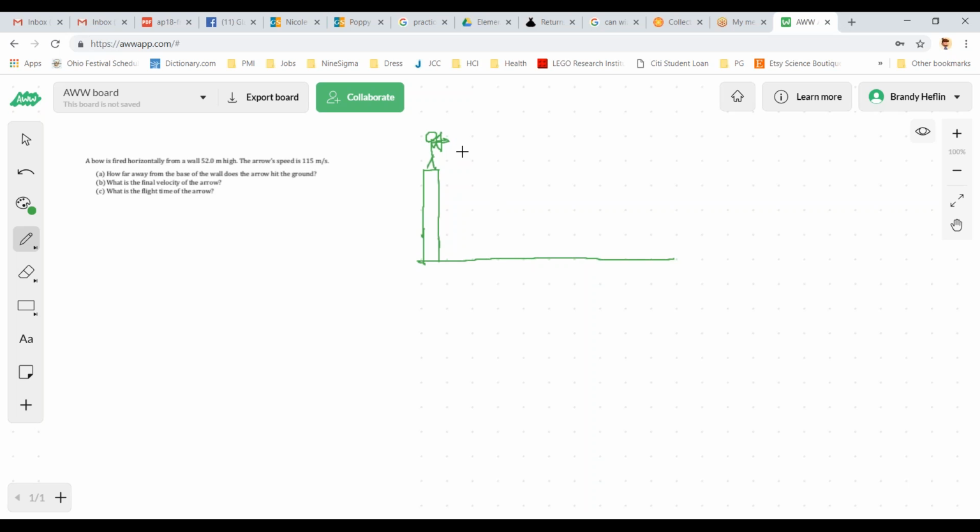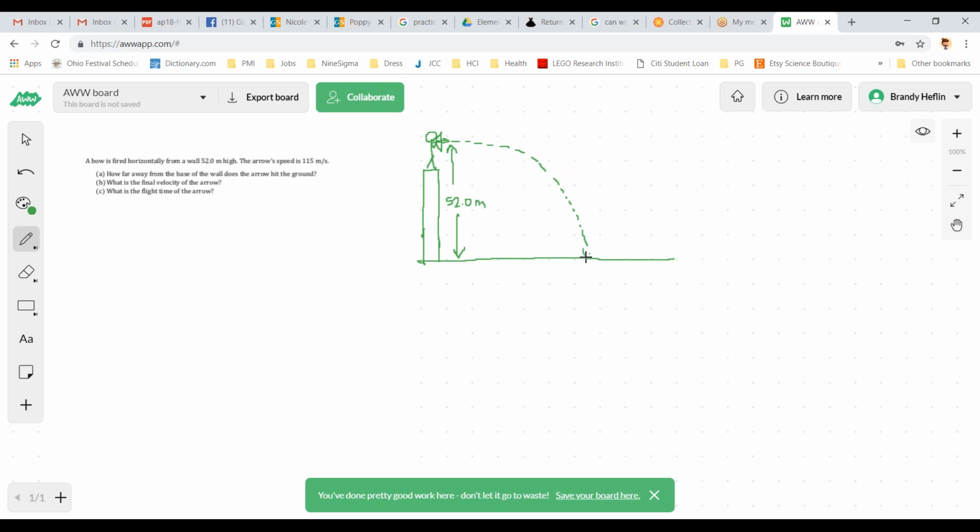So we're saying that the arrow is going to be launched from 52 meters high. And the arrow is going to follow some sort of parabolic trajectory through the air and land somewhere out here, a distance I'm going to call delta x away from the base of the wall.